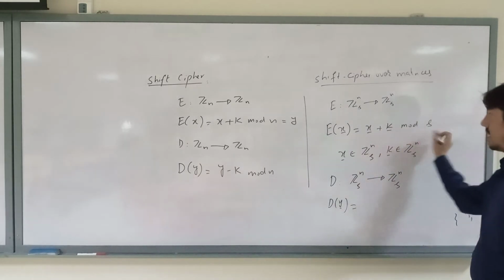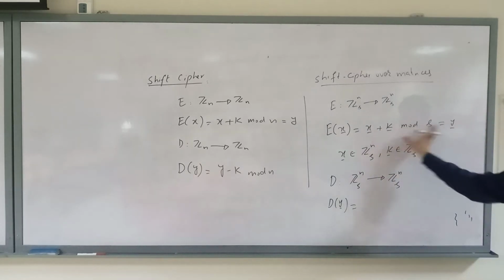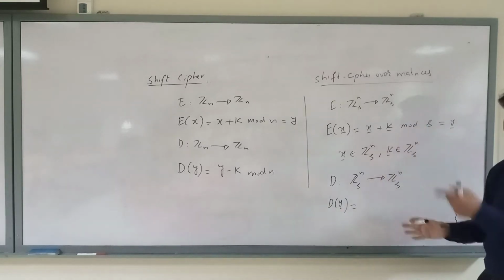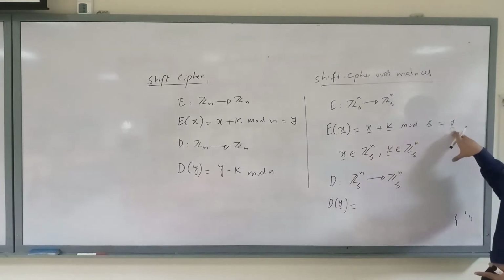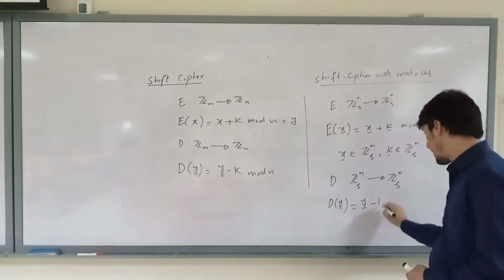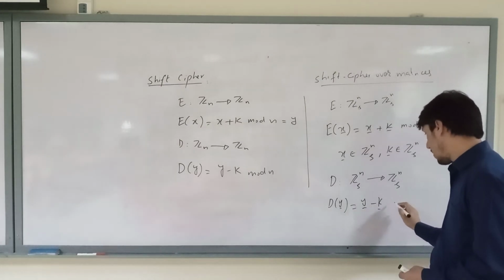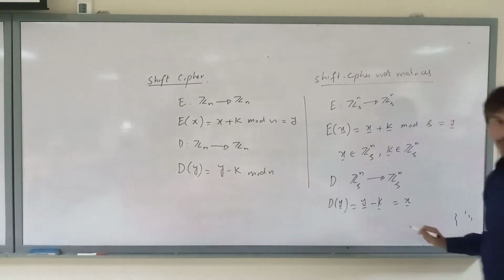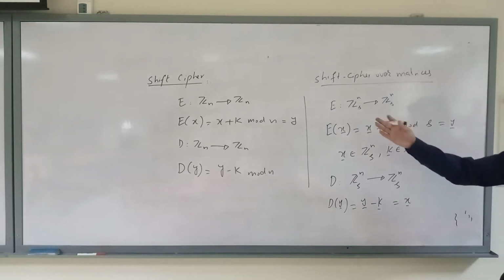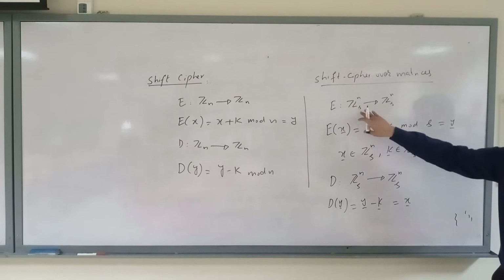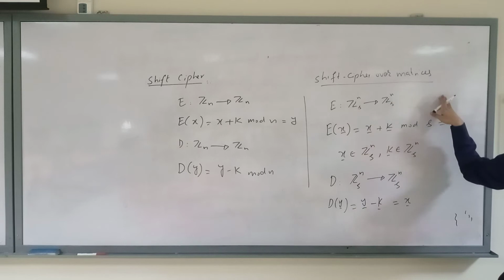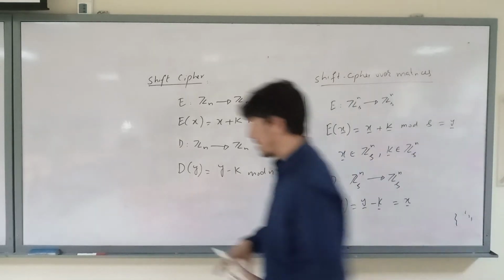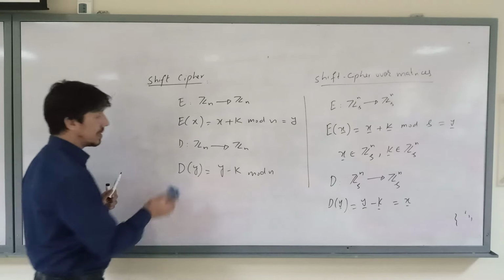I call the output y dash, so I am discussing everything as a tuple, vector. So y dash minus k, and you will get your plain text. Again I am generalizing the idea that was from set to set, now from tuple to tuple. So the shift cipher over matrices you can generalize in quite an easy way.